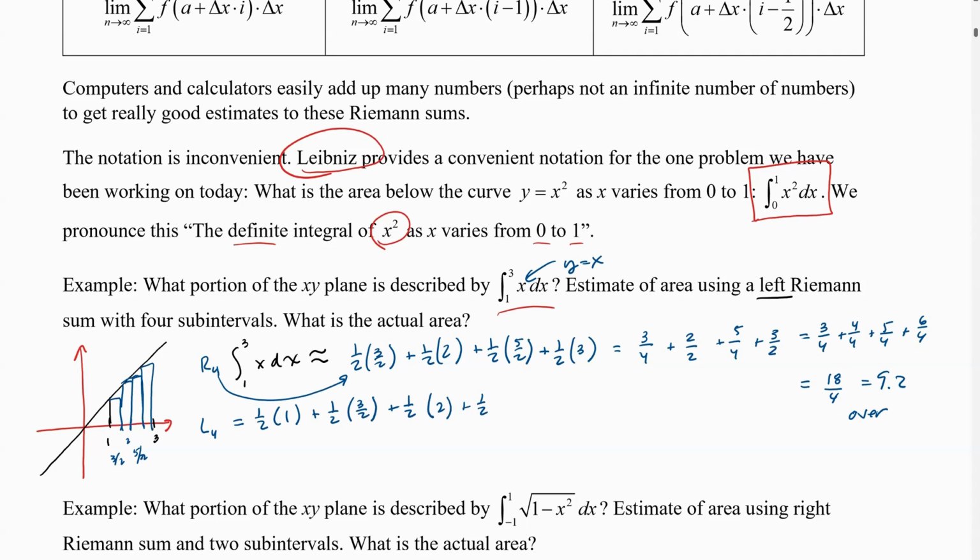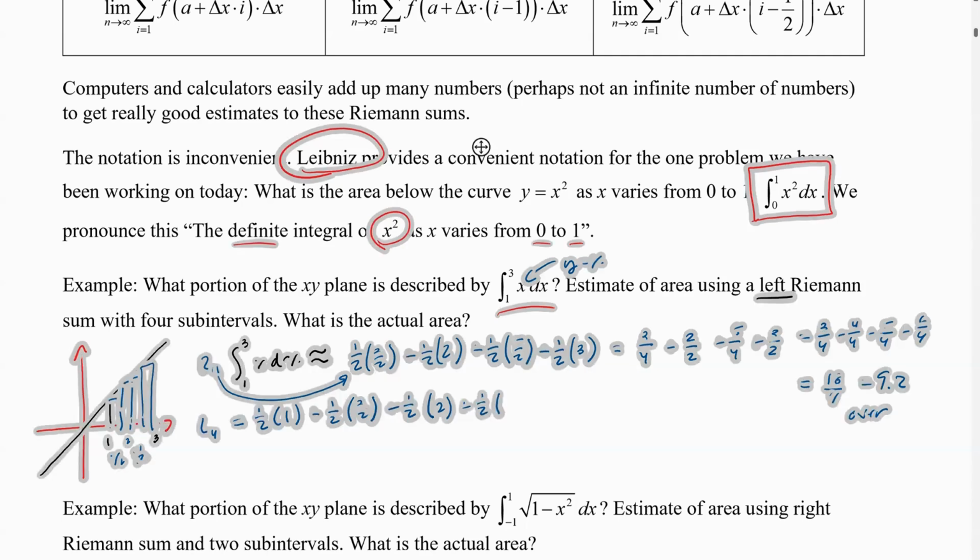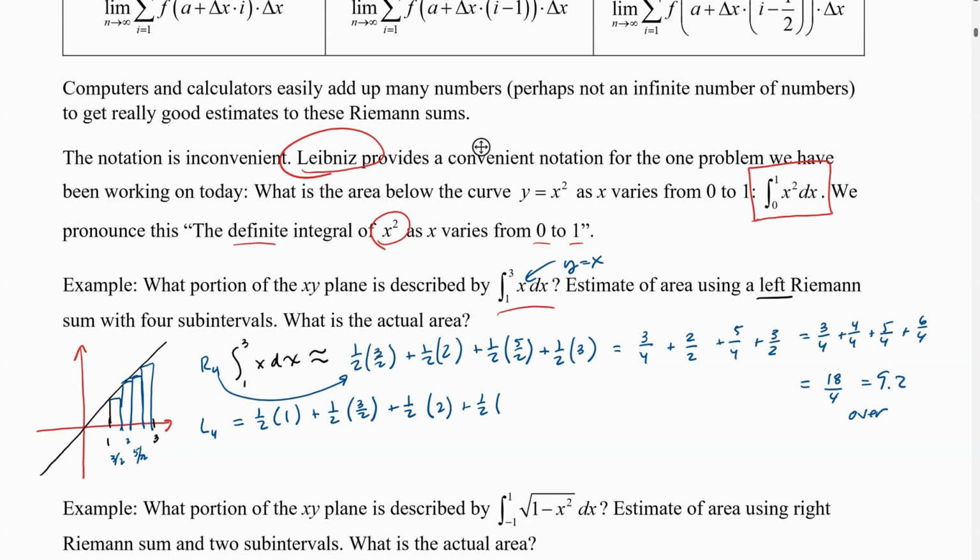And the last rectangle is 1/2 wide and 5/2 tall, which gives us 1/2 plus 3/4 plus 2/2 plus 5/4.